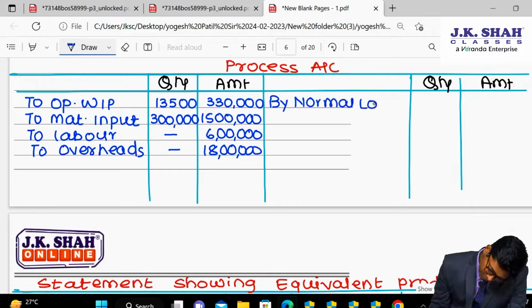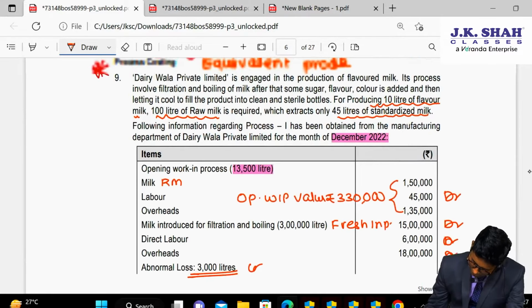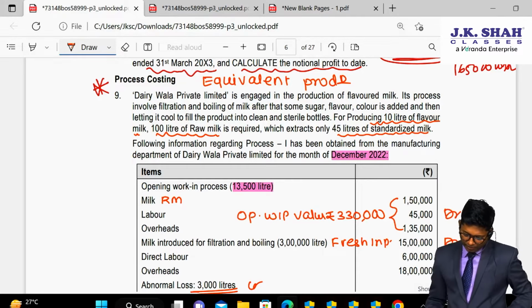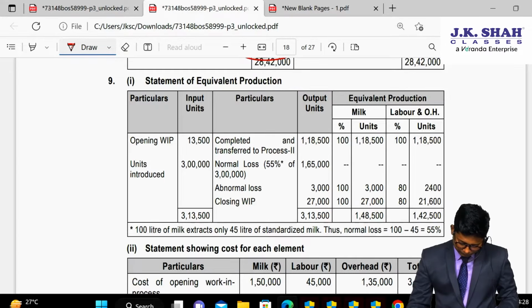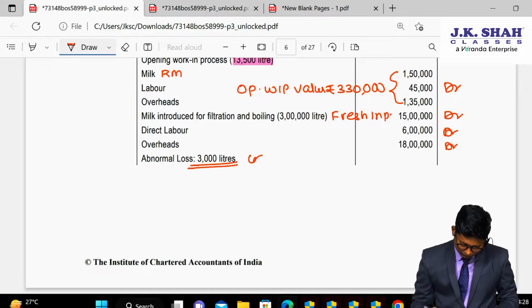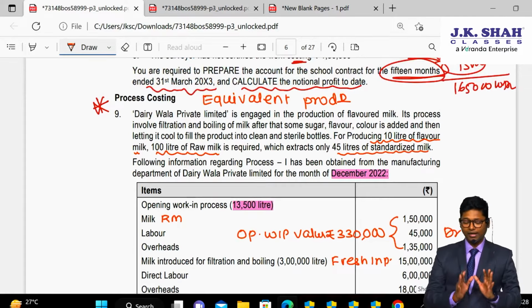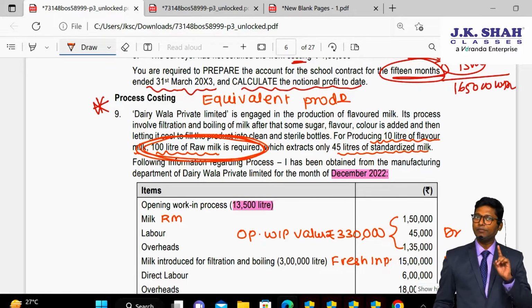If you observe the question, normal loss related information is covered somewhere in the question, and this is the important point that we need to calculate. If you focus on this particular case, now try and understand, whenever you are going to introduce 100 liters of raw material, this is the important point.